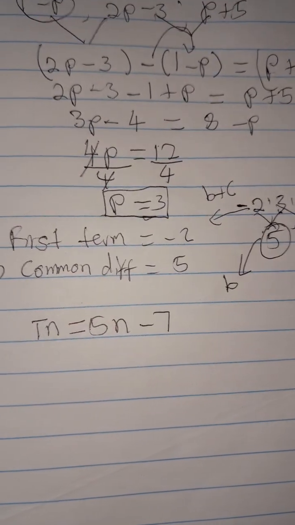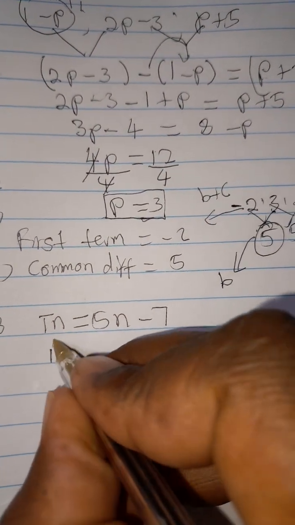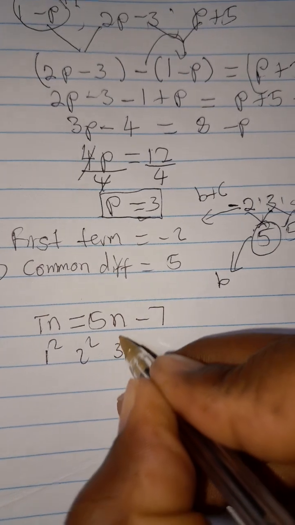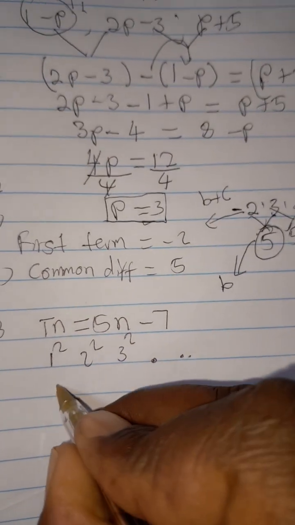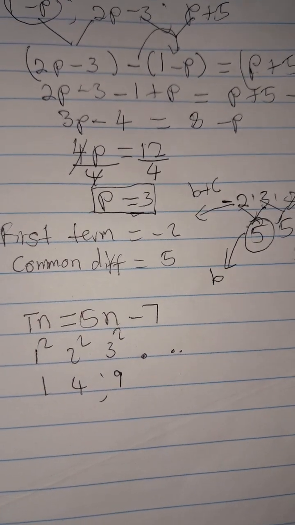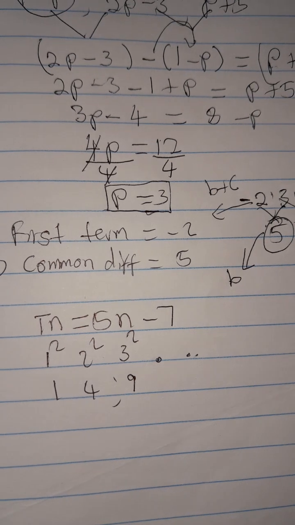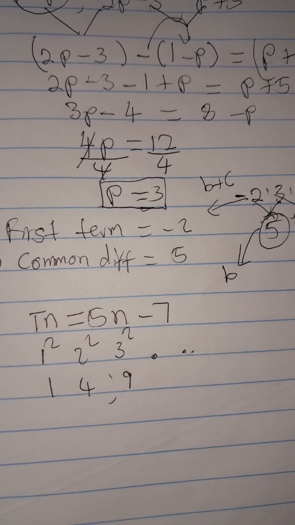So guys, we know that the perfect squares, we talk about 1 squared, 2 squared, 3 squared, and so on, which will be 1, 4, 9. But here, if we substitute, for instance, 5 times 5, that will be 25. 25 is a perfect square.